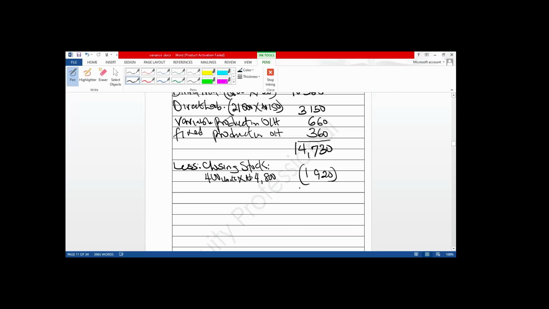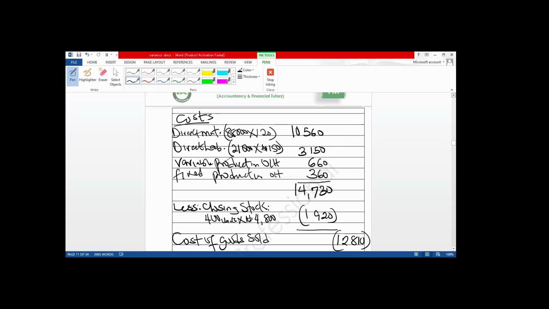Your production cost minus your closing stock will give you cost of goods sold. 14,730,000 minus 1,920,000, you have 12,810,000.